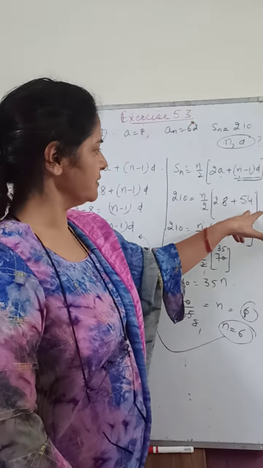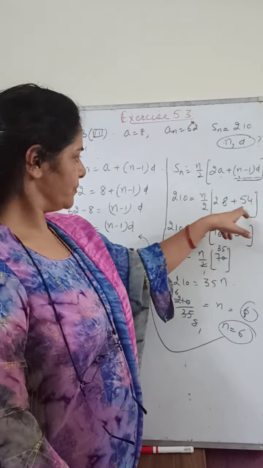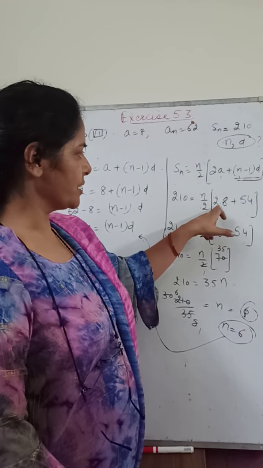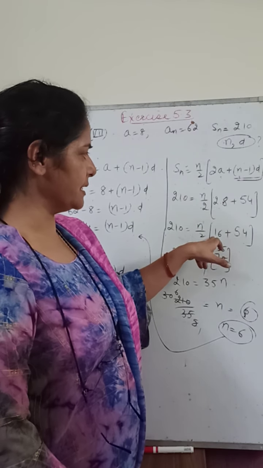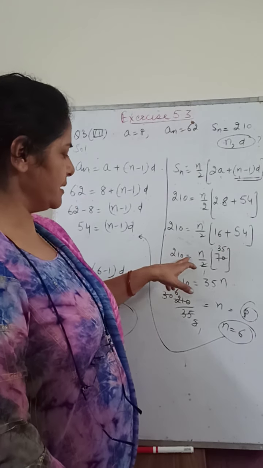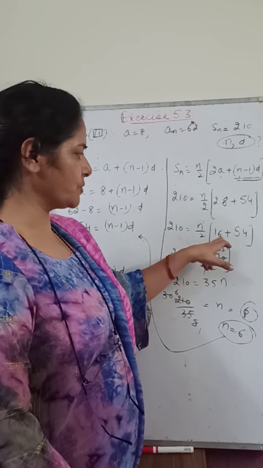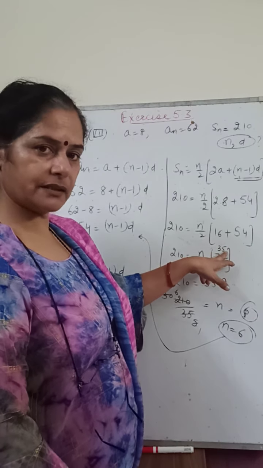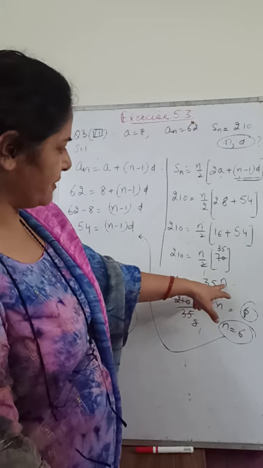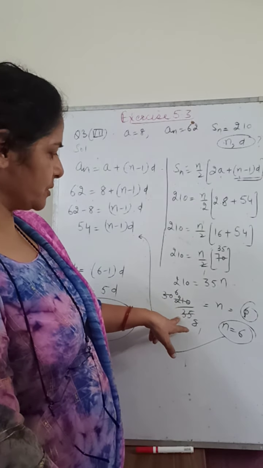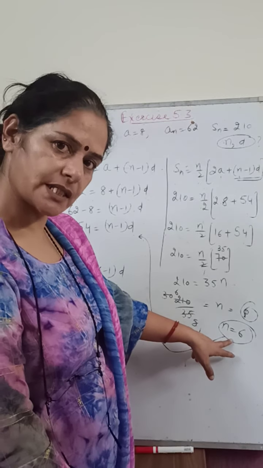So put it here 54. 210 is equal to n by 2, 2 8s are 16 plus 54. 210 is equal to n by 2 into 70. Cut it, you will be getting here 35. 35n is equal to 210. n will be 210 upon 35. It comes out to be 6.